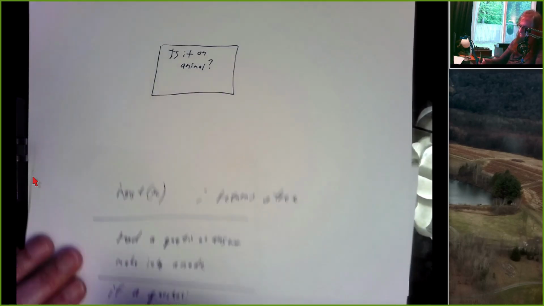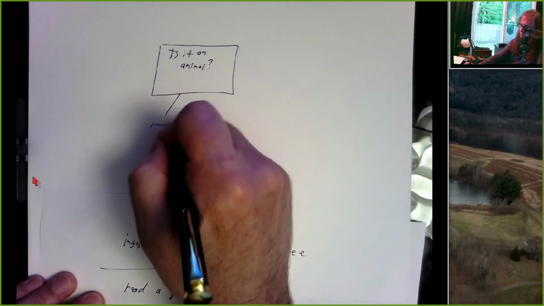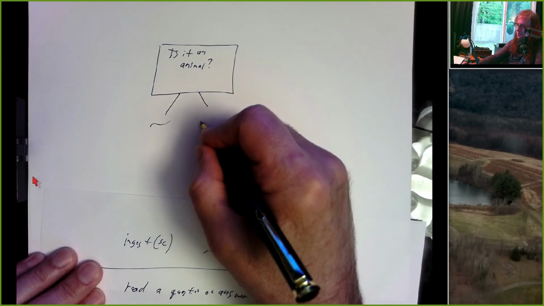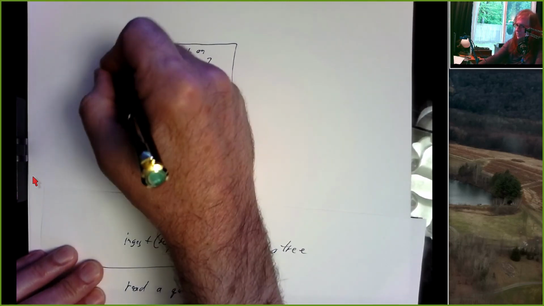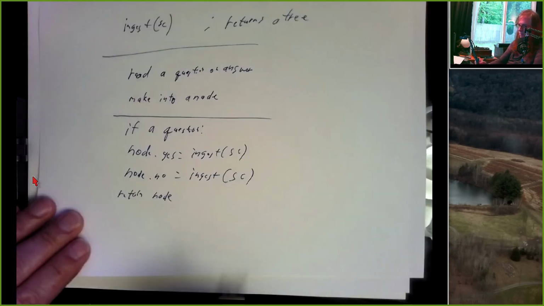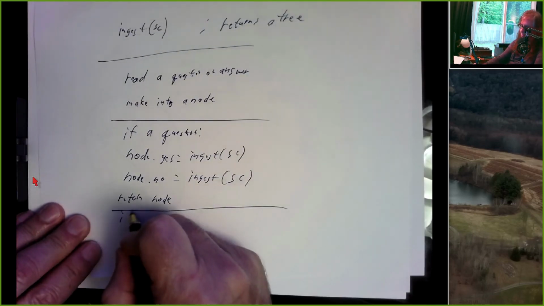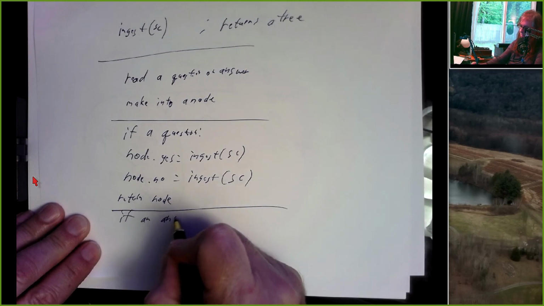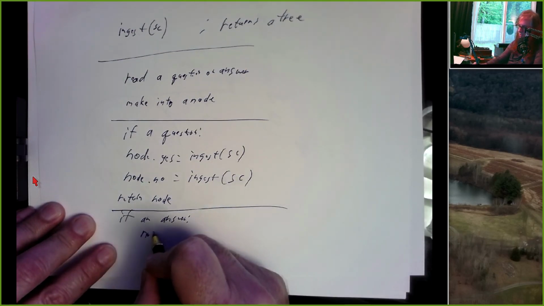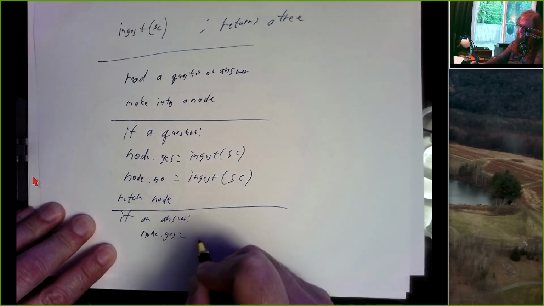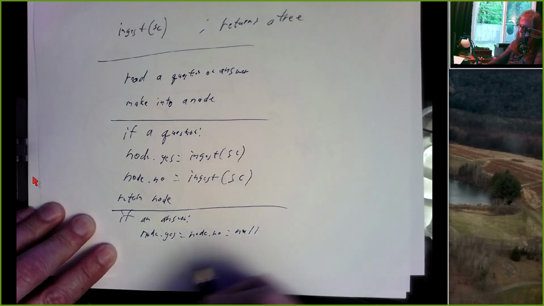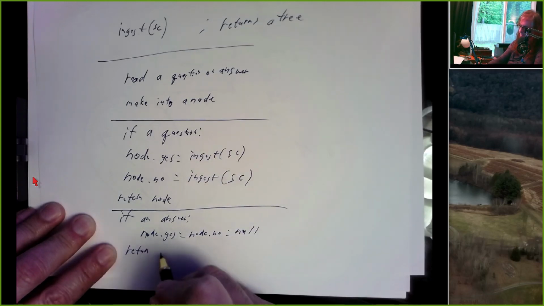So if this is a question, we'll call ingest again, take the return value, put it there, call ingest a second time, put the return value there, and return this. But if an answer, then we're just going to set node yes and node no equal to null, and we're going to return node.